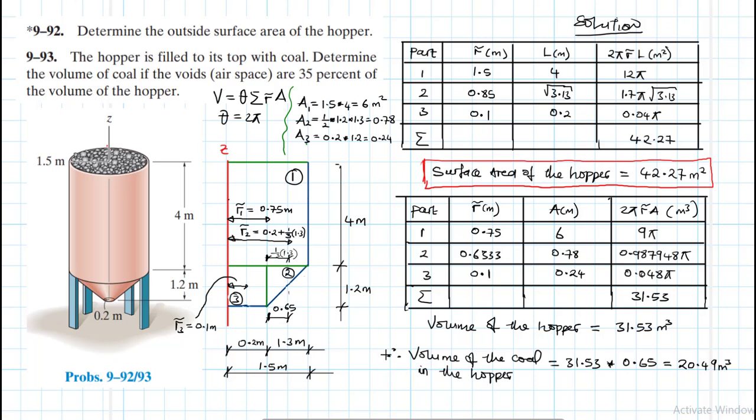So we found the volume of the core in the hopper, which excludes the voids. We've also found the surface area of the hopper. You can confirm these answers using the regular defined or developed formulas. You will find they match.